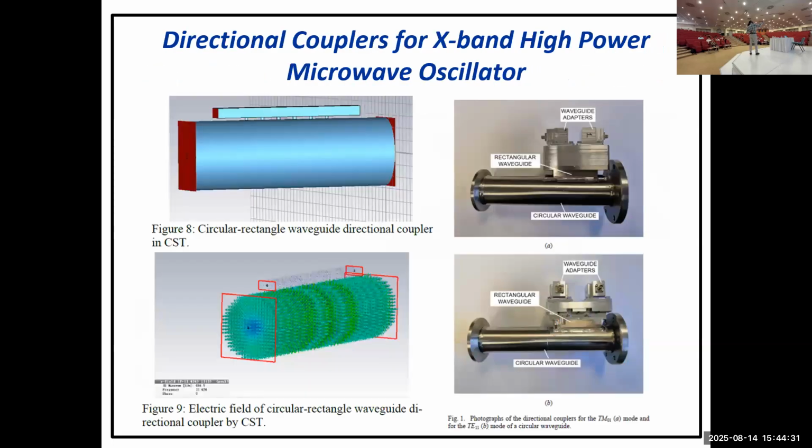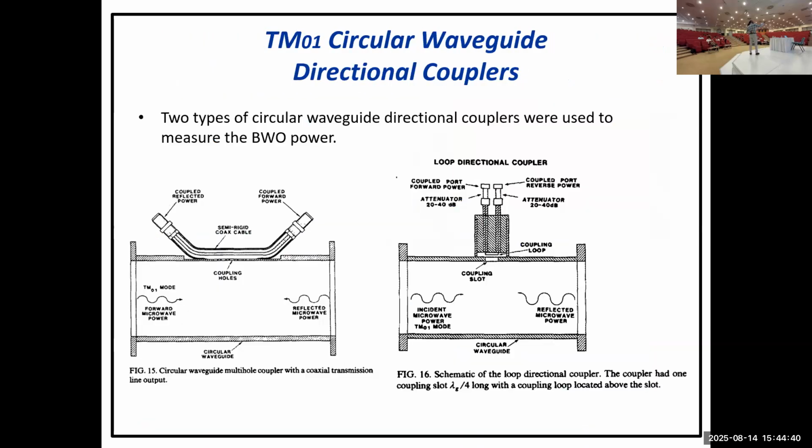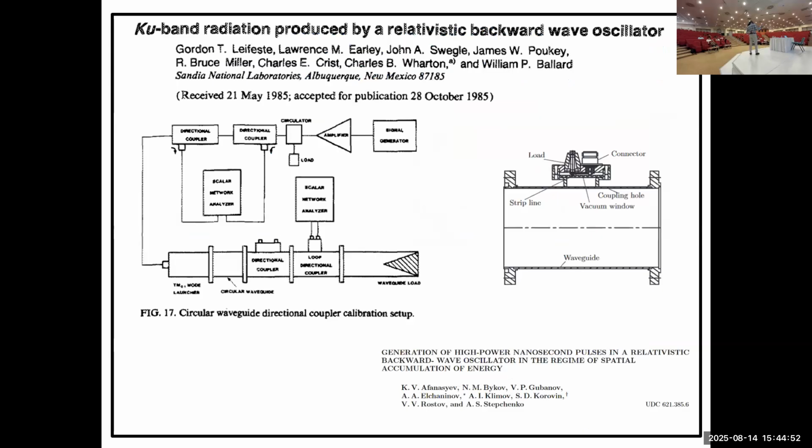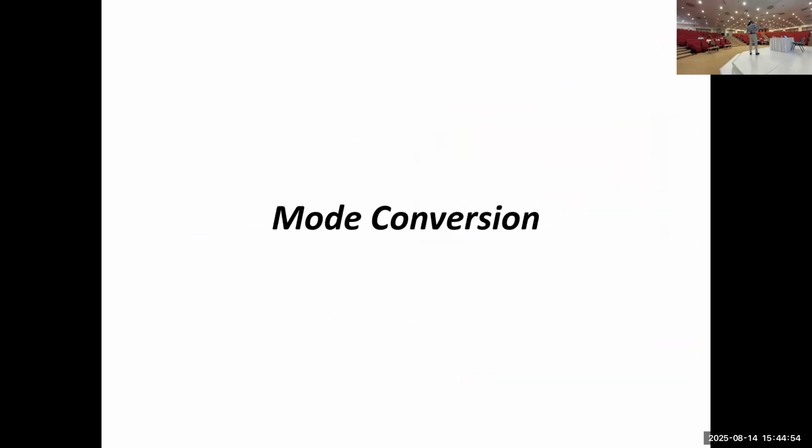This is a directional coupler, the same one, machined and ready to be used here. This one, TM01, another design, has only coupling apertures, maybe one slot aperture here. This is for K-band.